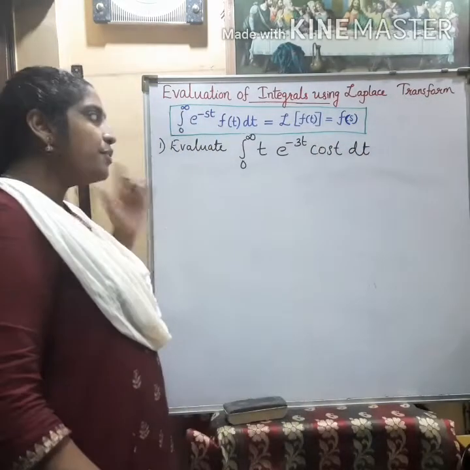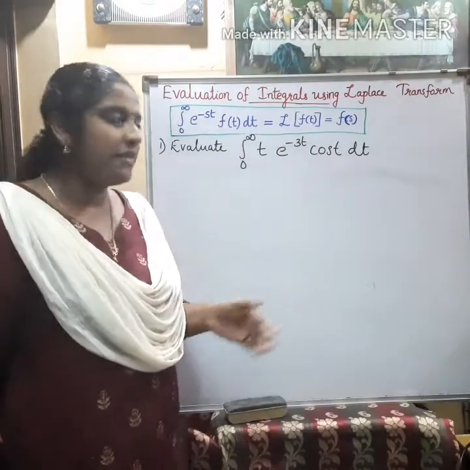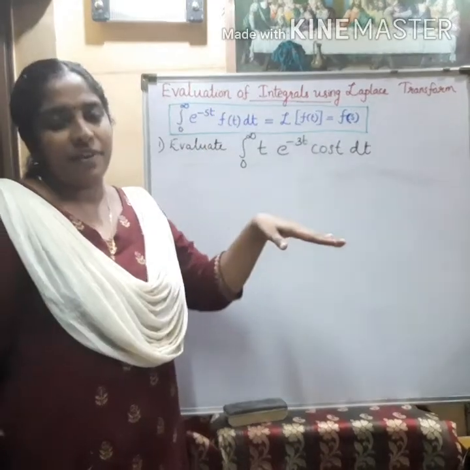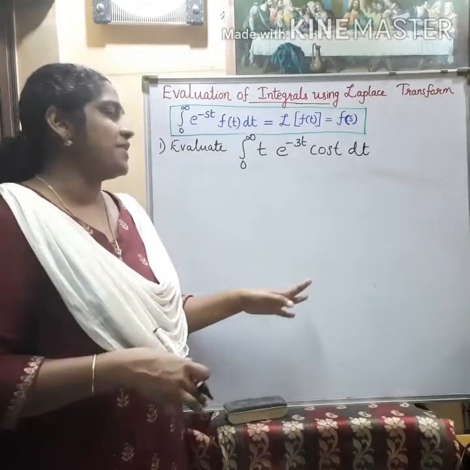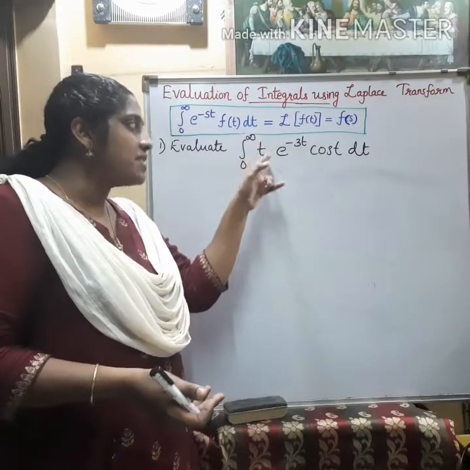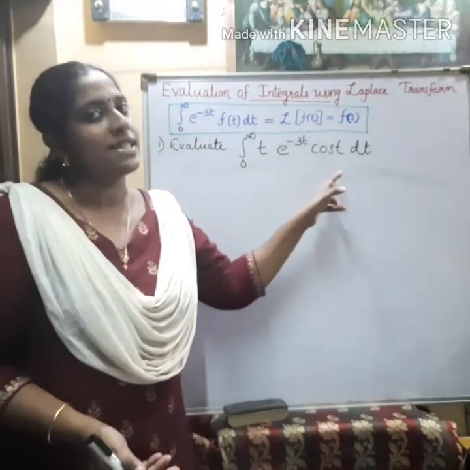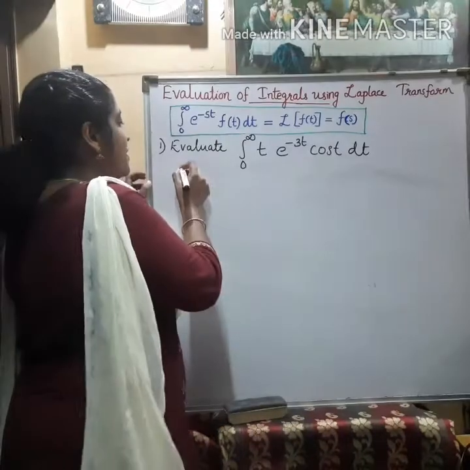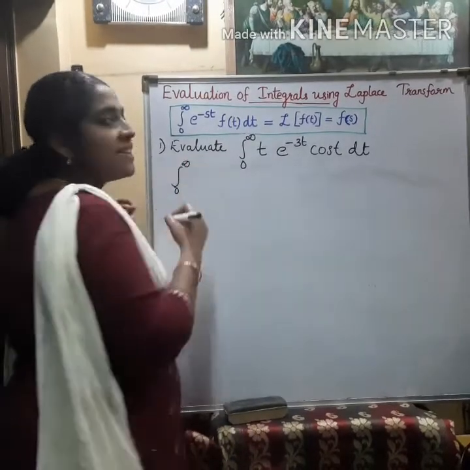If you are doing it directly, we will take a first function, second function, then integration by parts, and substitute. So it takes a lot of time because it already has 3 terms there, t e raised to minus 3t cos t. If we do this by Laplace transform, we will get the answer very easily.